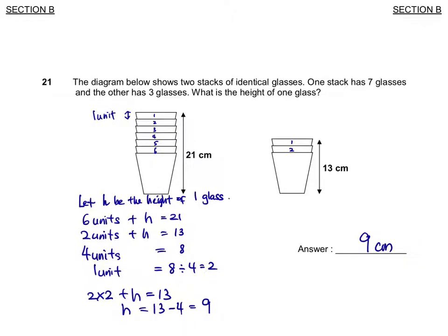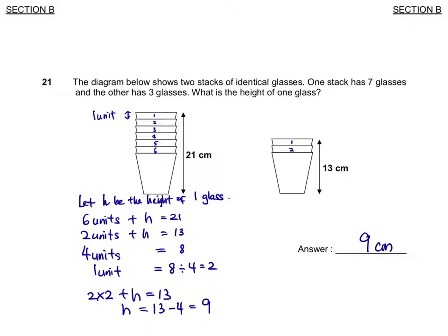Okay, question 21 is a whole number question. Quite simple. They tell you this one is 13, means this cup plus this gap here and this gap. This one gives you two different situations: stack 3 cups together and stack 7 cups together.